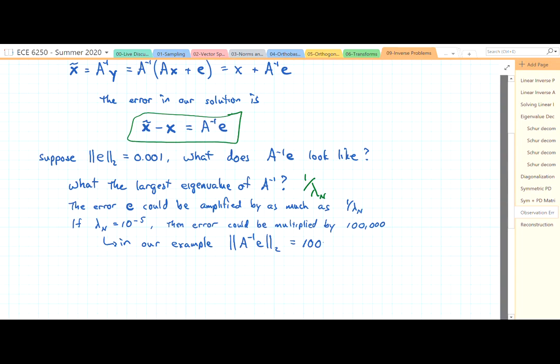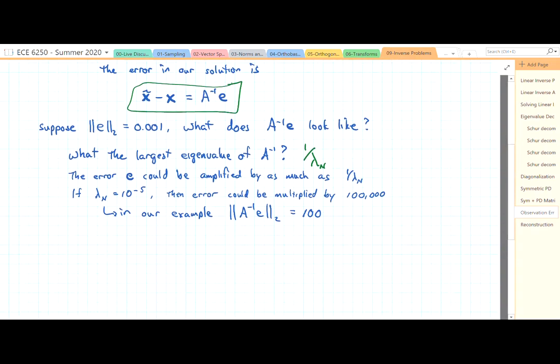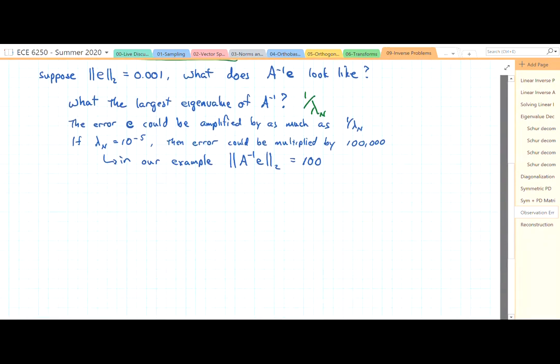These values are arbitrary, and they don't really have units. They don't have anchoring in reality. But you can see how a small eigenvalue in our original A can lead to huge amounts of error amplification.